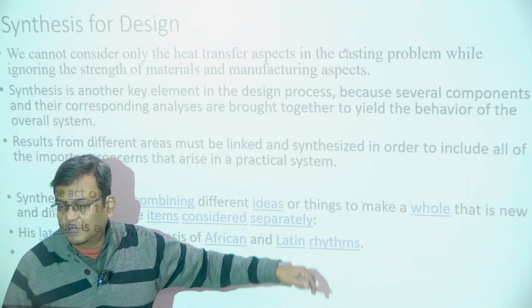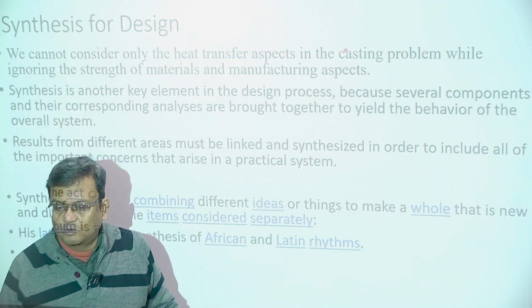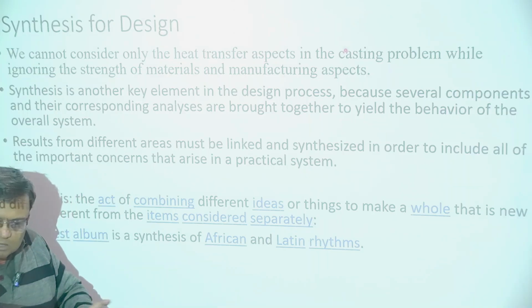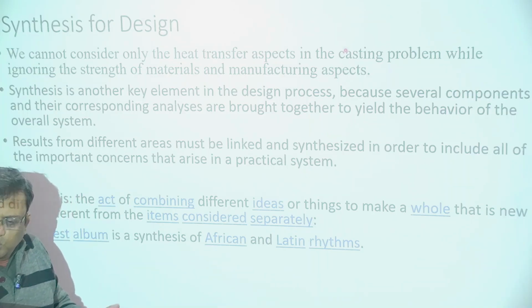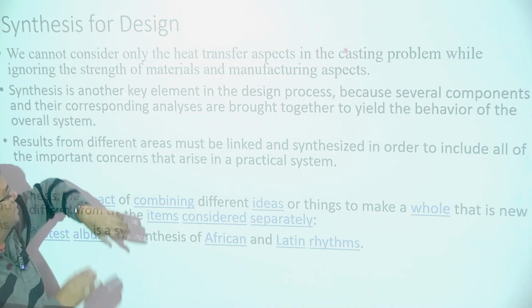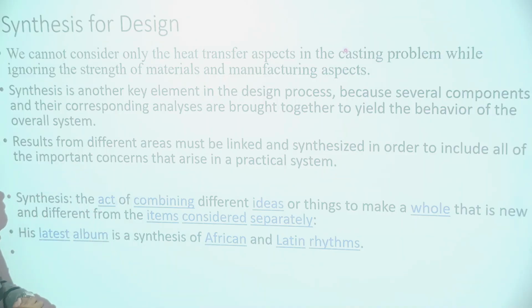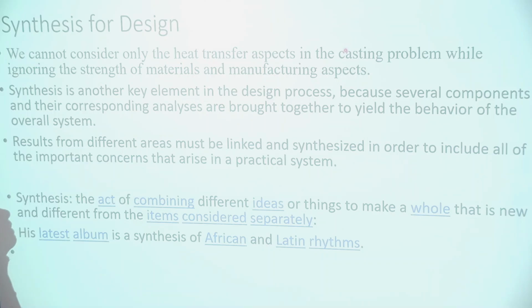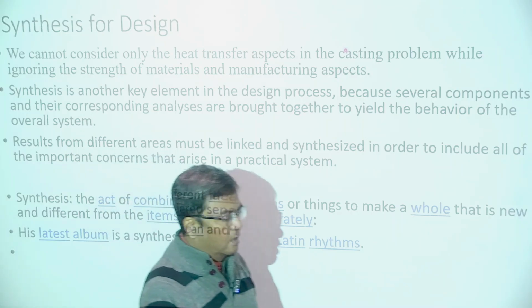Maybe it can be called fusion music. I do not know so much about music, but it's basically making rhythms which have some combinations. Putting things together, that's synthesis. So we have to put these things together, strength of materials, manufacturing, production, etc., in the casting problem, for example, to get a proper design. So this is synthesis. Fine.